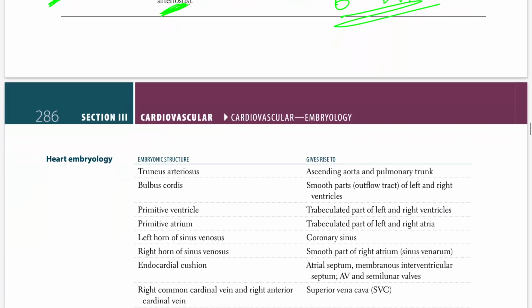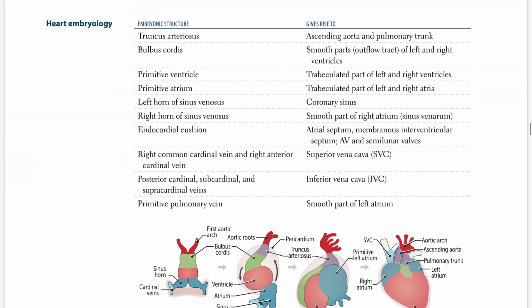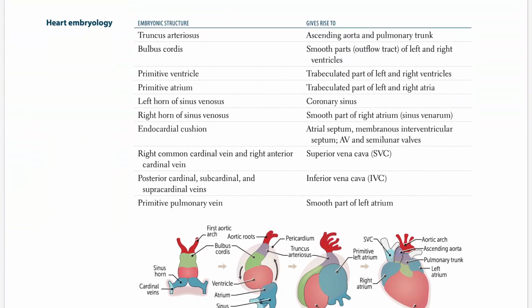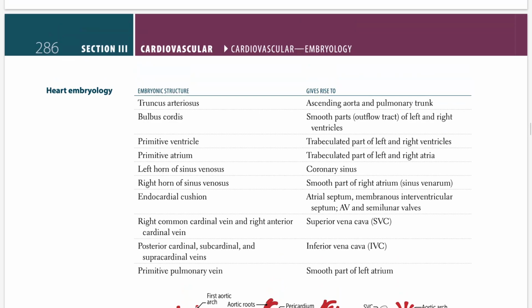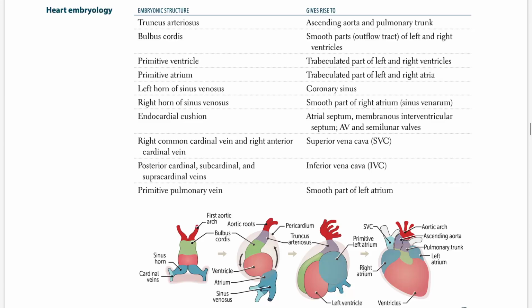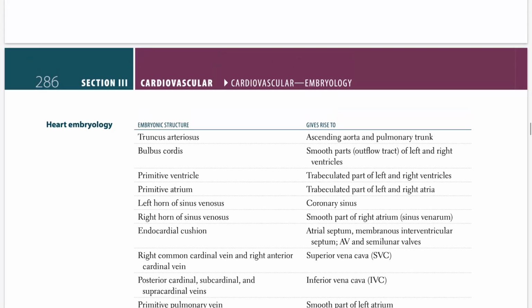Then we have the next one, which is called heart embryology. Heart embryology is very simple. What do we have? The first thing we have is the truncus arteriosus. Let's actually draw truncus arteriosus, okay?